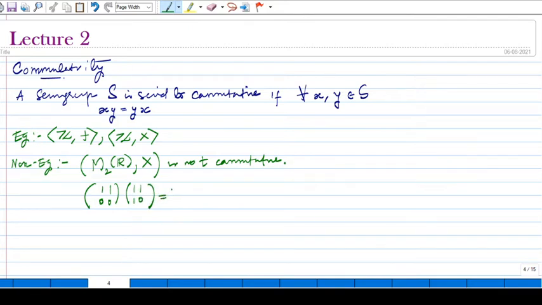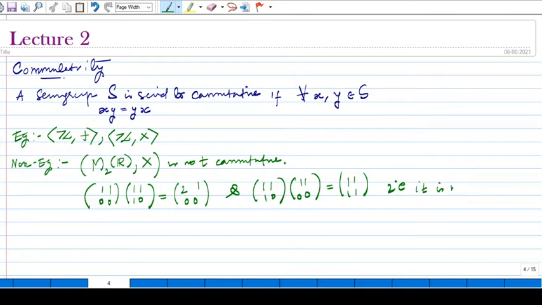By a simple check, you can see that the product is [[2,1],[0,0]], and if you multiply the other way, you will get a different value, [[1,1],[0,0]]. That is, it is not commutative.